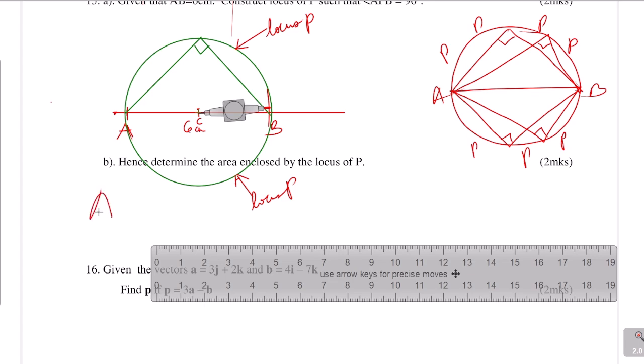So area of the circle, simply pi r squared. So pi, which is 22/7, times the radius, which is 3 squared. So work out that.